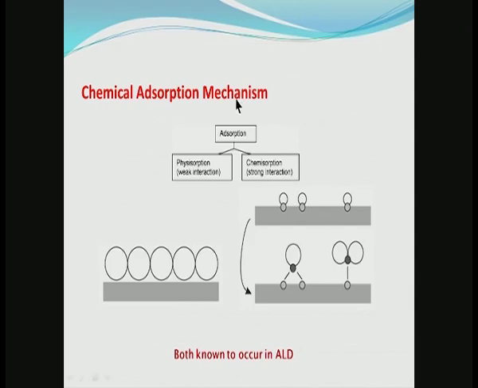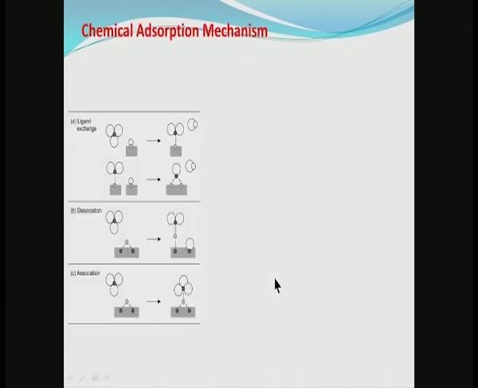Now, what ALD involves is the chemical adsorption of the precursors on the surface. Actually, both physical and chemical adsorption are involved in a typical ALD process. So, precursors come and land on the substrate and adsorb on the substrate. Now, there are different kinds of adsorption mechanisms or chemical processes involved.